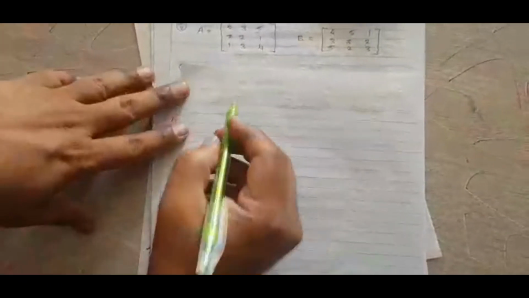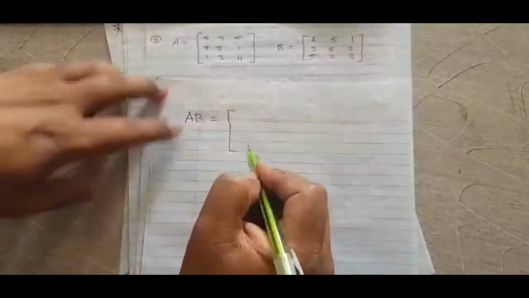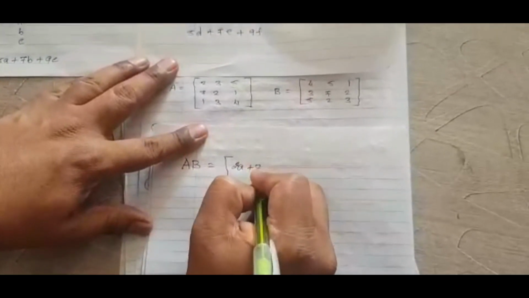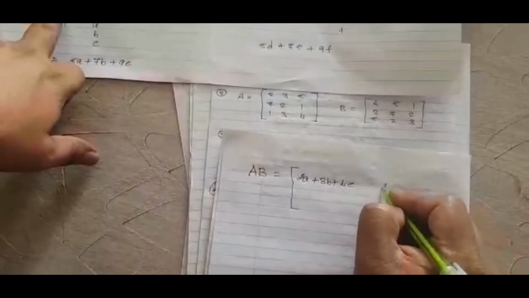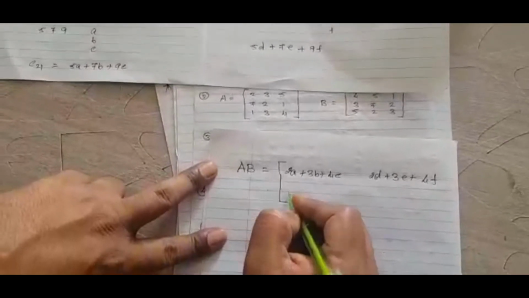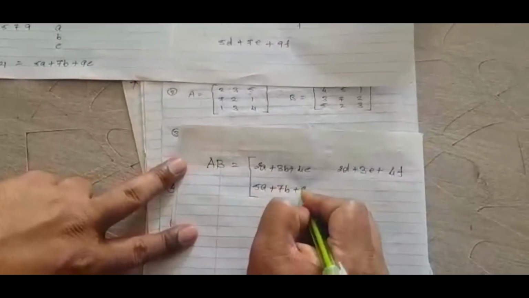So finally your AB becomes C11, which is 2A plus 3B plus 4C. C12 is 2D plus 3E plus 4F. Then C21 is 5A plus 7B plus 9C.